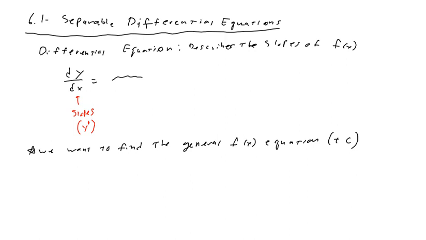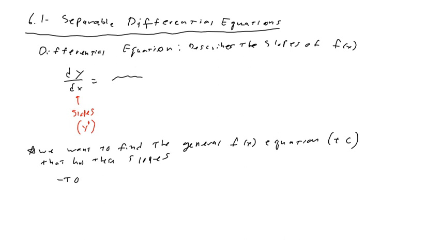We're taking some notes on differential equations. Again, the last topic that's going to be on our test on Thursday. So our goal from this differential equation is to find the general equation f(x) that has these slopes.